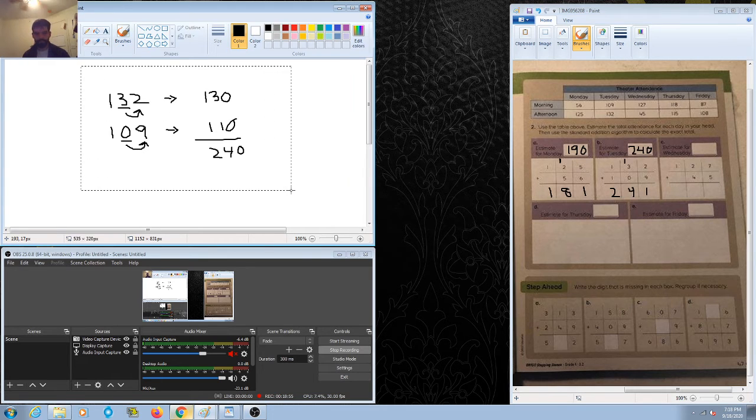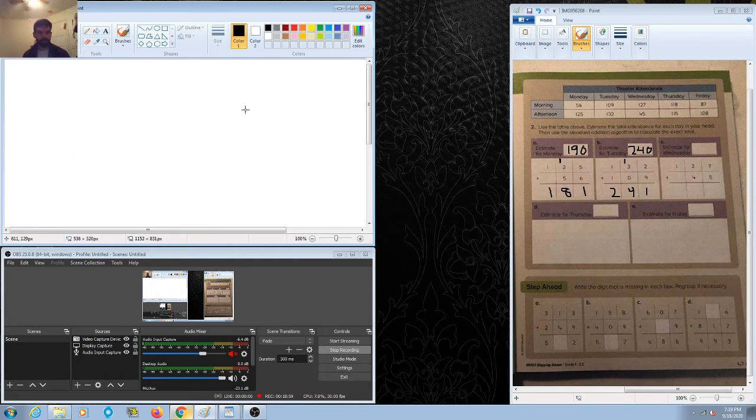Alright, let's look at C here for the estimate for Wednesday. We'll go ahead and calculate the estimation for Wednesday, which is going to be 127 plus 45. I'll let you go ahead and pause the video if you would like right now and take that estimate.